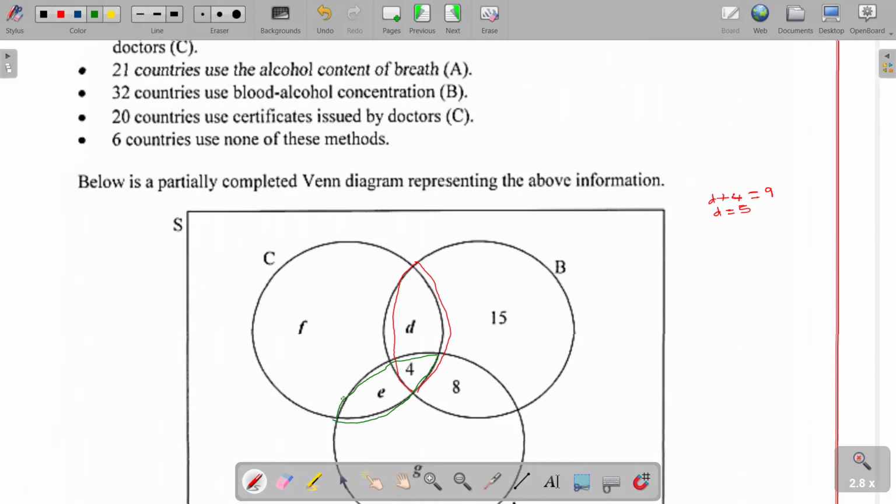That's A and C. So it therefore means that E plus 4 must be equal to 8 because we are told that 8 countries use A and C.